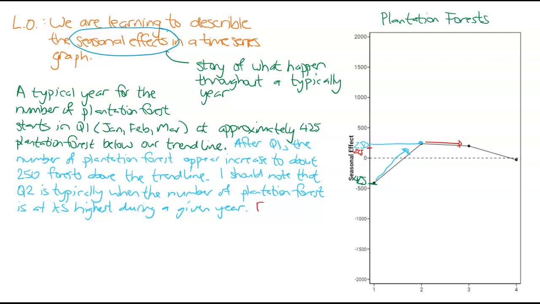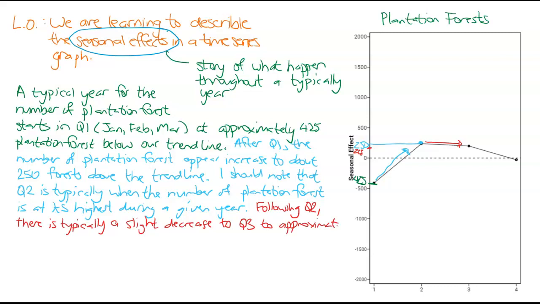Following quarter two, there is typically a slight decrease to quarter three, to approximately 225 forestry plantations above the long-term trend line.